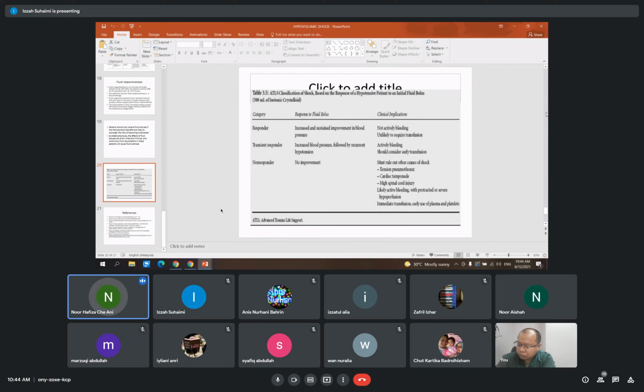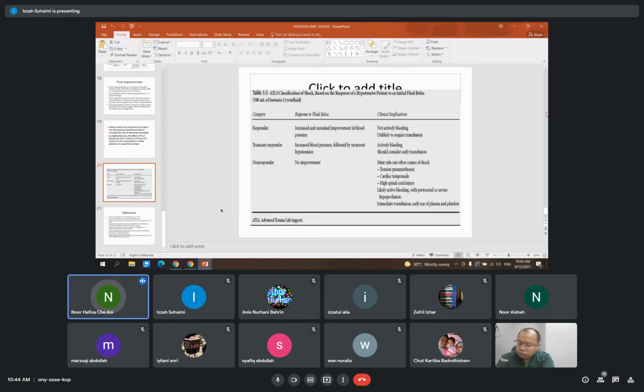Semalam pun ada satu case UGIB, bukanlah sengaja nak membebel ke apa, tapi you need to remember kalau hilang blood macam Dr. Fairuz cakap, ganti dengan blood. So kalau you delay, bila kita dah start blood and then patient start nampak sangat patient yang UGIB tu memang perlukan blood.